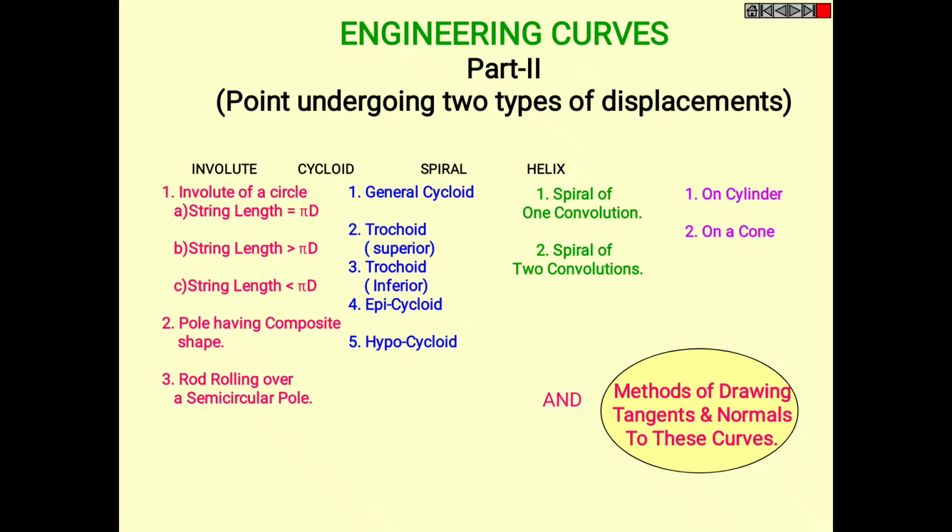Previously we have seen how to draw a normal and tangent to the conic curves in part 1. We will just overview them: to draw a normal and tangent to the ellipse, and to draw a normal and tangent to the parabola and hyperbola.